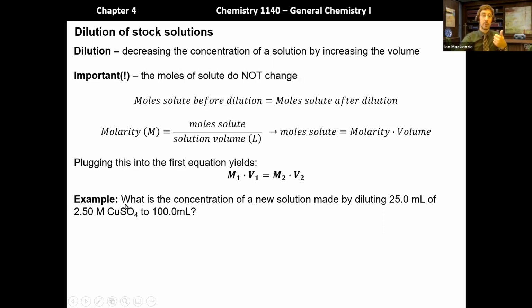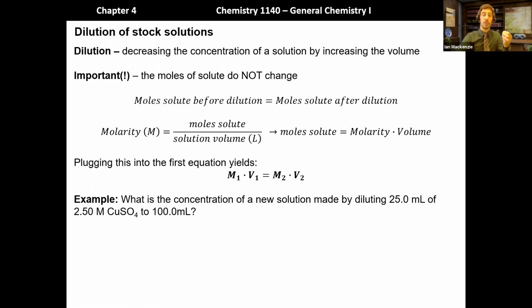The initial concentration is 2.50 molar. Then we identify that V1 is 25 milliliters. That's the starting volume. The final volume is 100 milliliters, so that's V2, and we're asked for the final concentration, that's M2. So we have one unknown, M2.